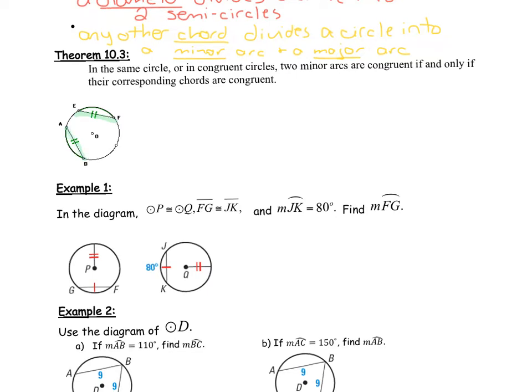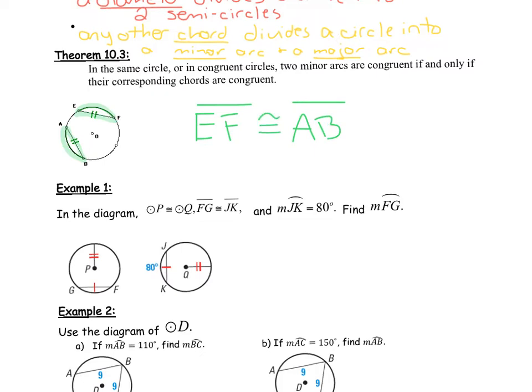We can see that chord EF makes an arc EF right here, and chord AB makes arc AB here. We can also see the tick marks on EF. Because we have tick marks on EF, we also have tick marks on AB. Those tick marks, remember, mean they are congruent.